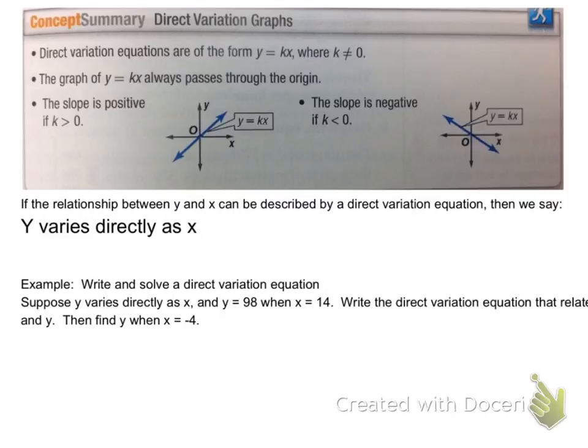So if we're saying that we have a direct variation equation, you would say y varies directly as x. That means if x goes up, y goes up. If x goes down, y goes down. It's as easy as that. They're directly related. Direct correlation. Nice.